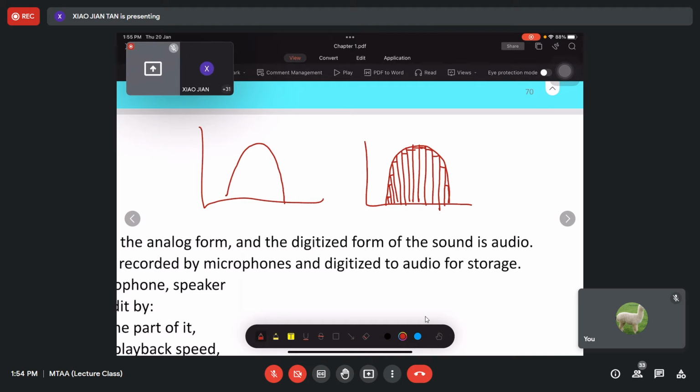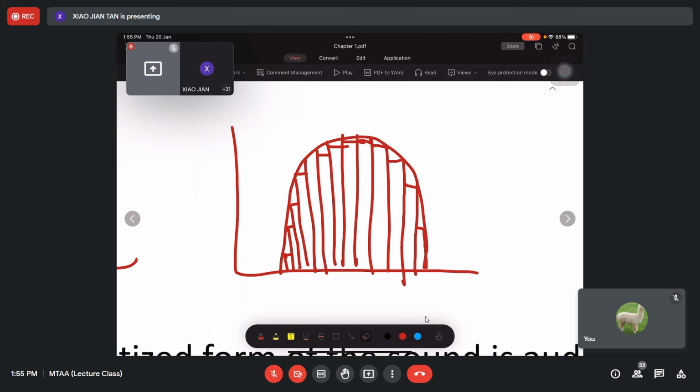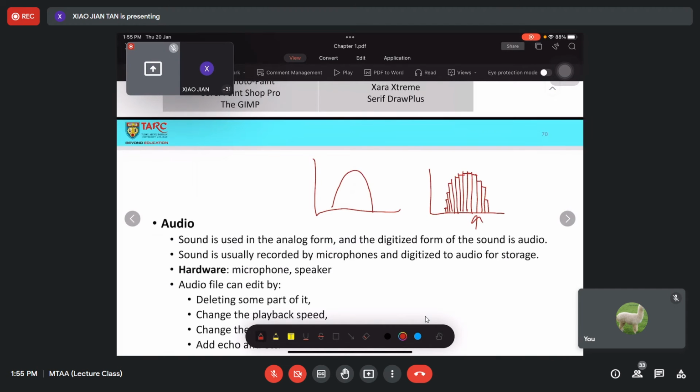After the histogram is formulated, this would be the audio, or digital, and this is the analog, or sound.